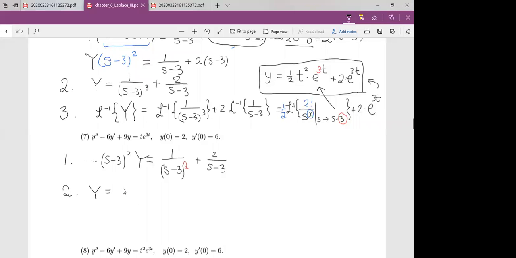Now you solve this for capital Y. Then we have 1 over s minus 3 to the 4th plus 2 over s minus 3. Good. And then step 3 is to take the inverse transform, the inverse of something over s minus 3 to the 4th.